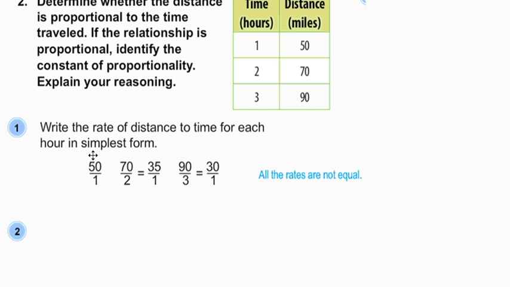And if you'll notice, 50 over 1 is simplified, 70 over 2 is 35 over 1, and 90 over 3 is 30 over 1. So all these rates are not equal. So if they're not equal, the distance is not proportional to the time. And you can just go further when they're saying explain your reasoning. You can say all of the rates or all the ratios are not equal.